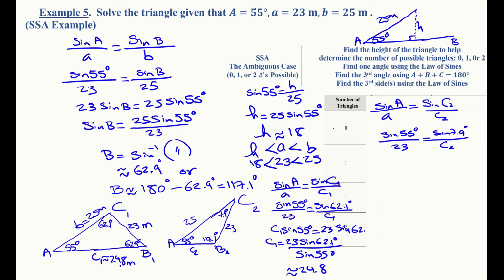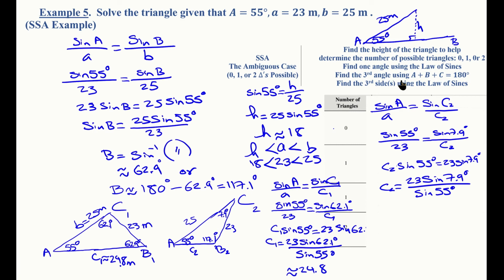All right, so here we'll cross multiply again, so we get C2 sine of 55 equals 23 sine of 7.9 degrees. So we get C2 is equal to 23 sine of 7.9 degrees divided by sine of 55 degrees.